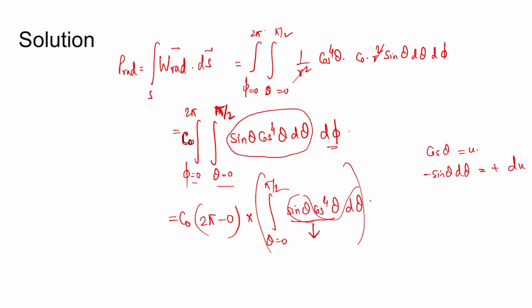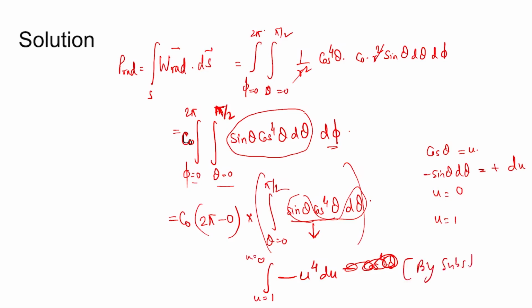So just replace sine theta d theta. This is u to the power 4, and sine theta d theta is minus du. If cos theta is u, then for theta equal to 0, u equals 1, and for theta equal to pi by 2, u is 0.